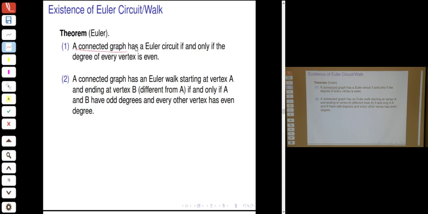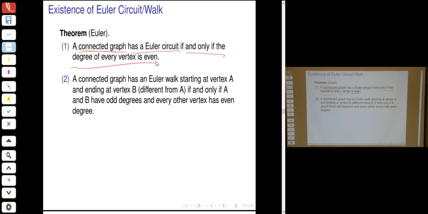From any vertex you should be able to go to any other vertex following the edges, otherwise there is no point in discussing these concepts, because you will never be able to traverse all the edges in a walk. So we are talking about connected graphs. It has an Euler circuit if and only if the degree of every vertex is even. It is a very simple condition. If you look at the graph and you find that the degree of every vertex is even, then the graph will have an Euler circuit.